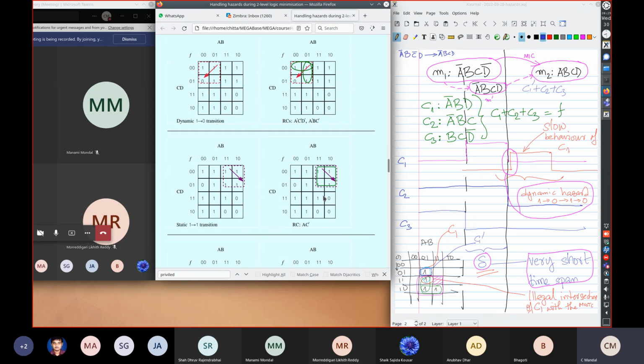So this is the first. This is let us say the first transition. So can you say what kind of a cube this is? This cube in red. What kind of a cube is this?